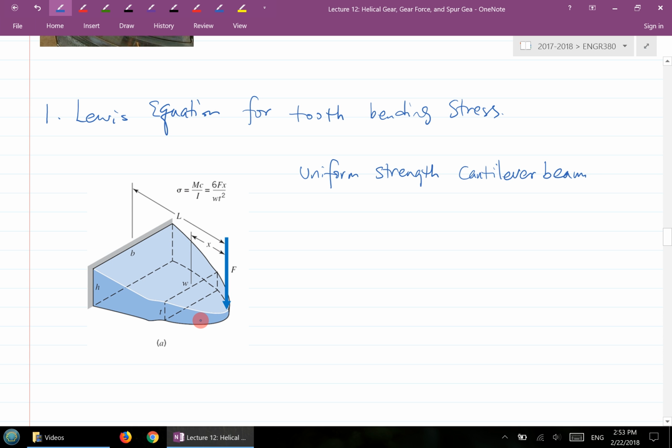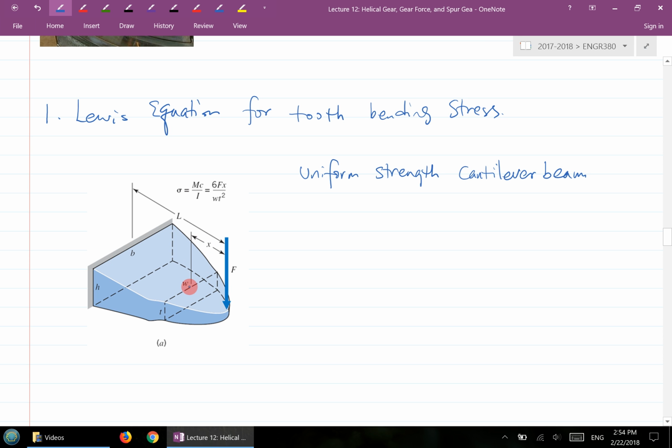So the question is, can you calculate the stress at this x location? The x location is the distance from the force along the beam. So what would be the stress at this x location?